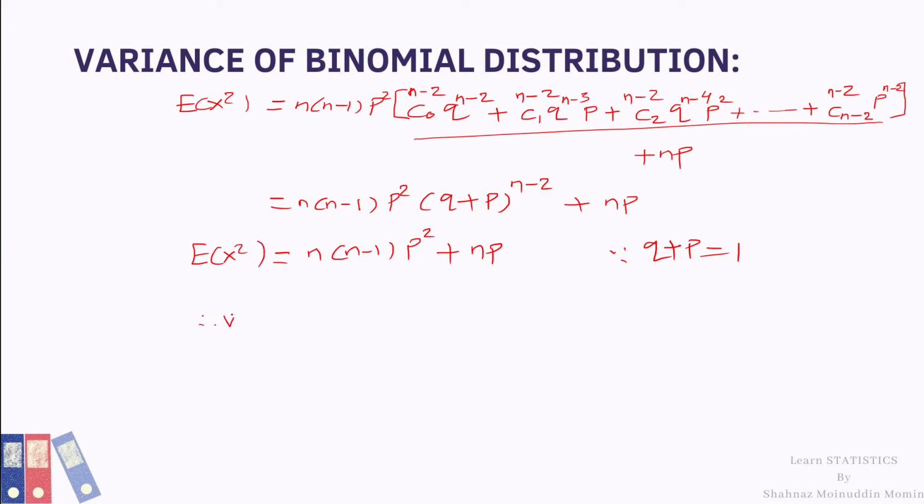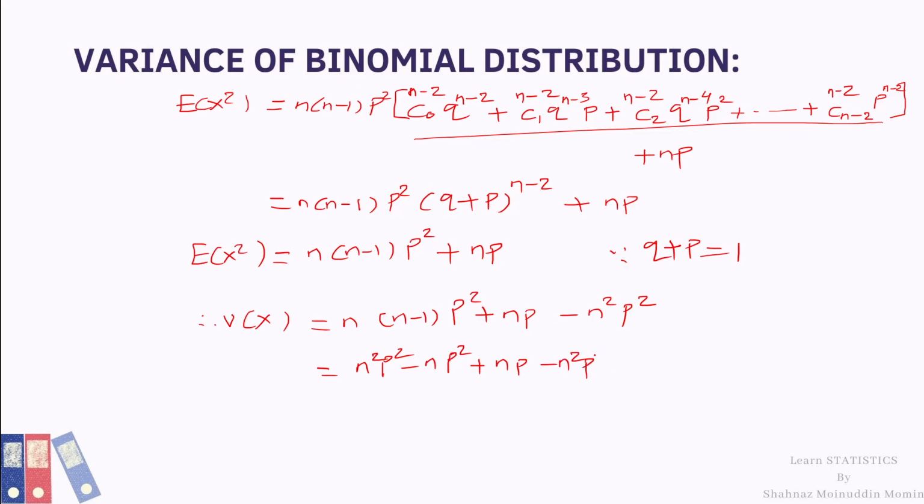By substituting in variance, we get n into n minus 1 p square plus n into p minus n square p square, which is equal to n square p square minus n p square plus n into p minus n square p square.